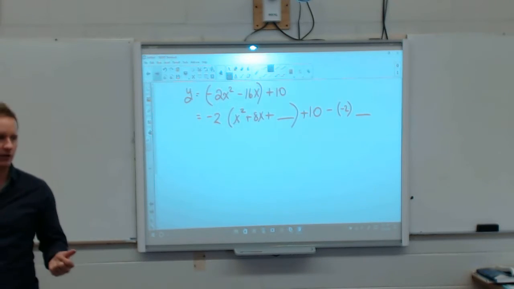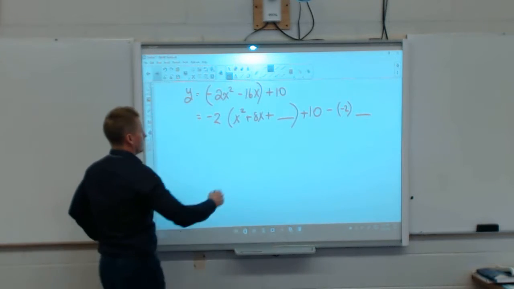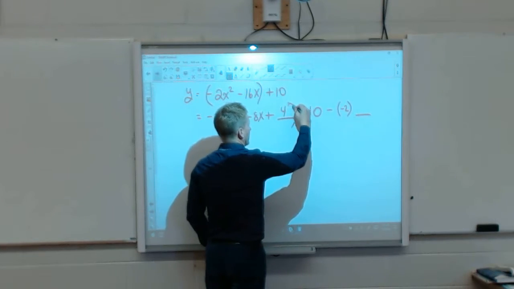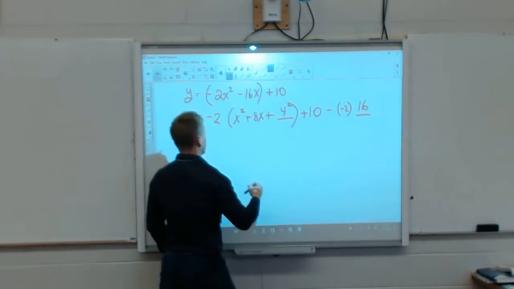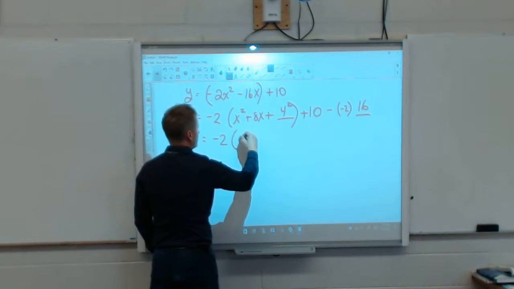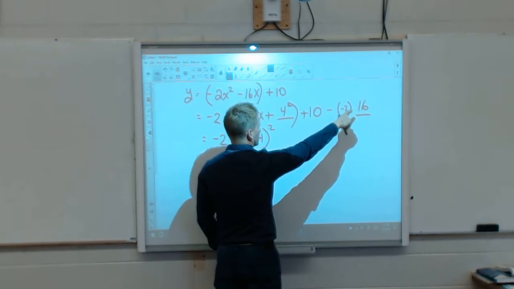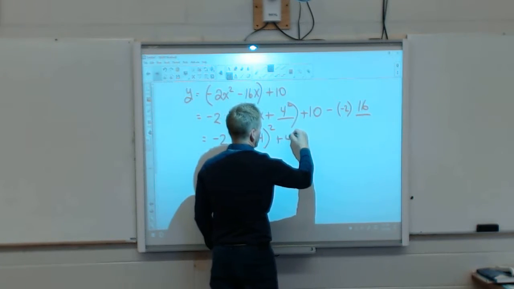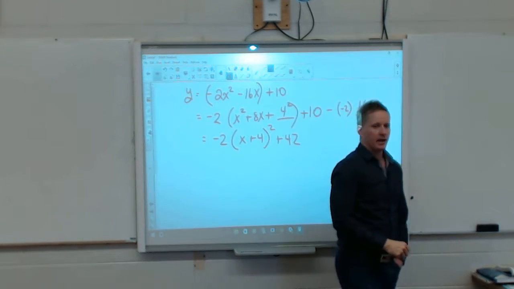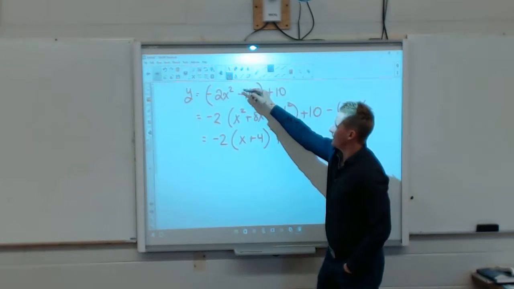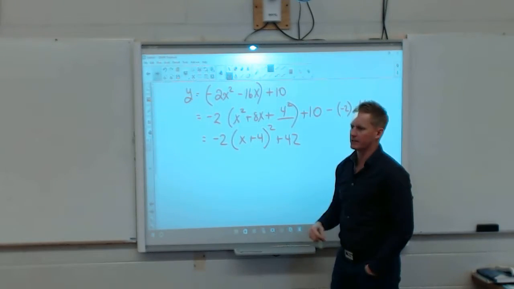And then from there I can graph it easily. So I take half of that number and I square it. So it looks like this. So I go minus 2, (x plus 4) squared plus 32 plus 42. All right. So now this equation right here that I started with becomes this.